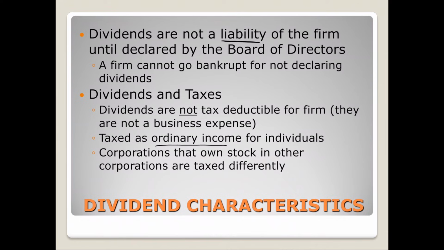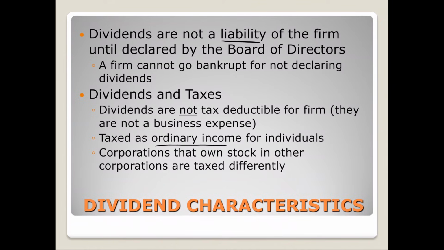And it's kind of interesting. Corporations that own stock in other corporations are actually taxed differently. Oftentimes, they can exclude like 70% of the dividend amount and only pay taxes on the remaining 30%. That's just one of these tax implications on dividends and the different types of ownership.